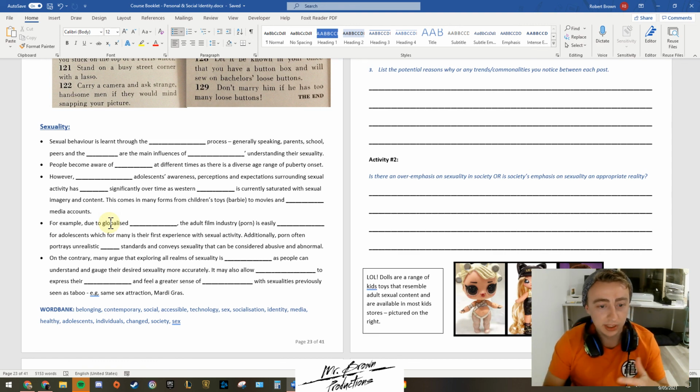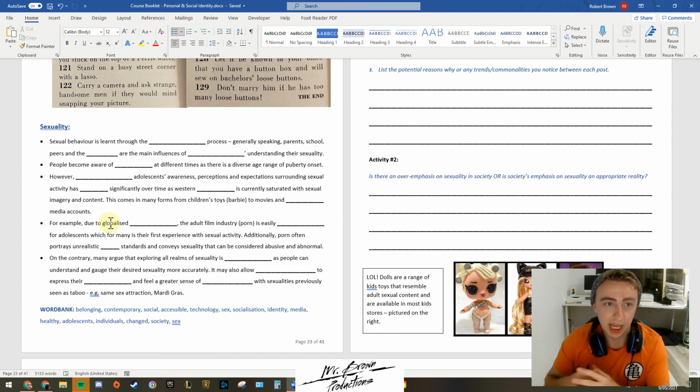So even the experiences and standards that people are growing up with is changing a lot. And with videos online, what you see is a lot of times an unrealistic sexual standard, and it conveys sexuality and sexual behaviour that can really be seen as abusive and abnormal in real life and what most people encounter.